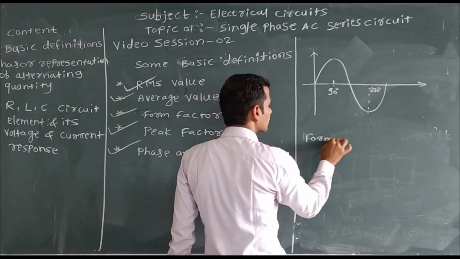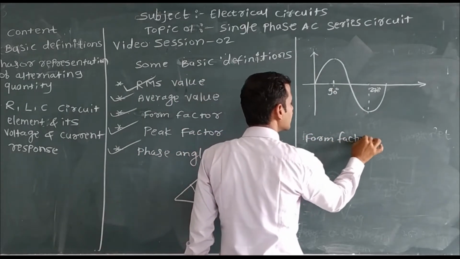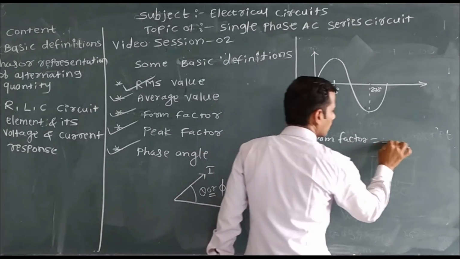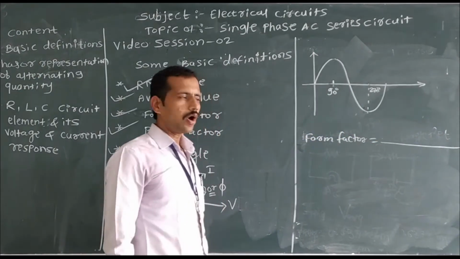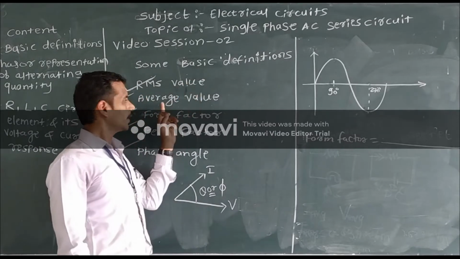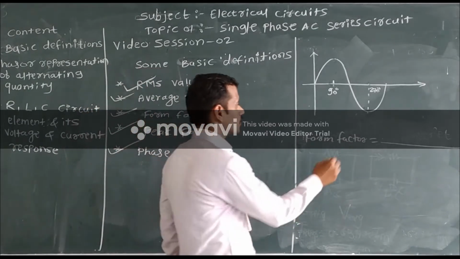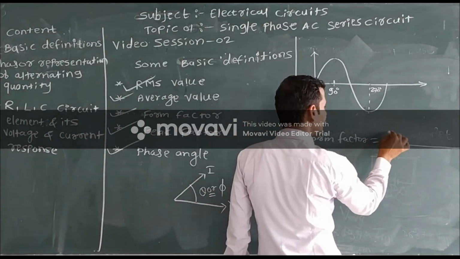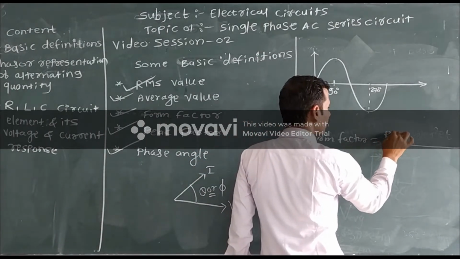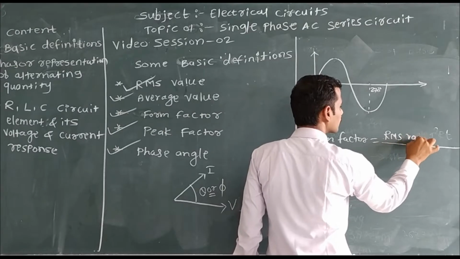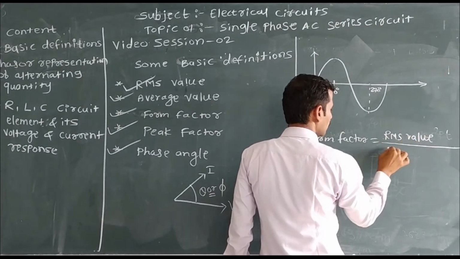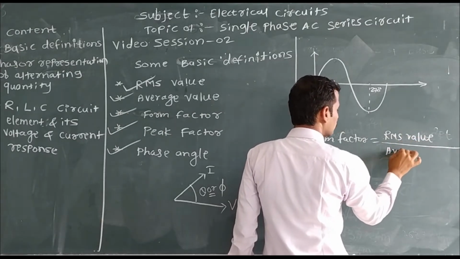Form factor is defined as the ratio of RMS value to the average value. So here I will write: ratio of RMS value and average value.